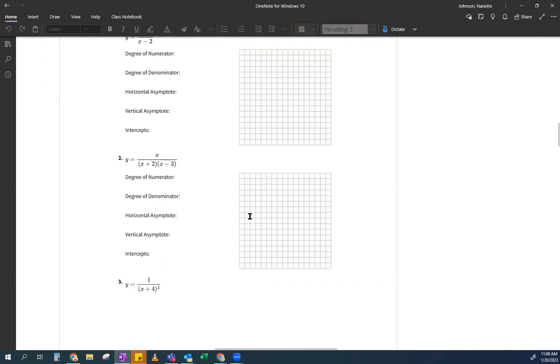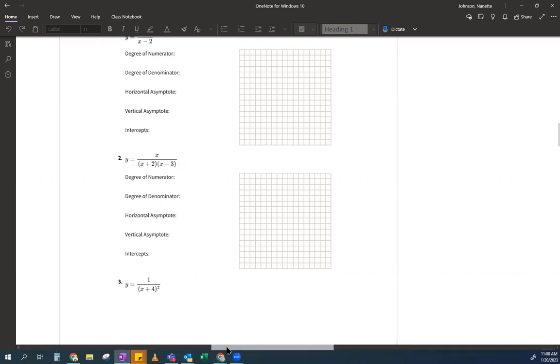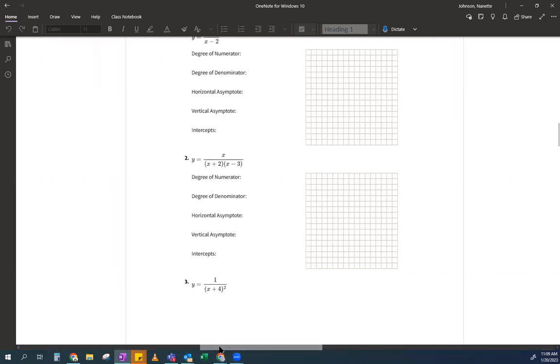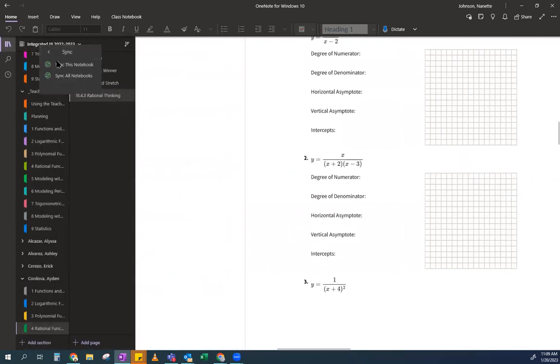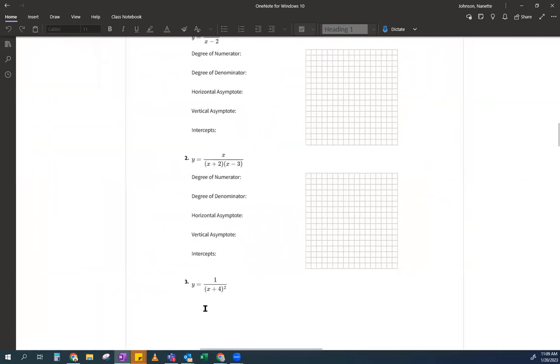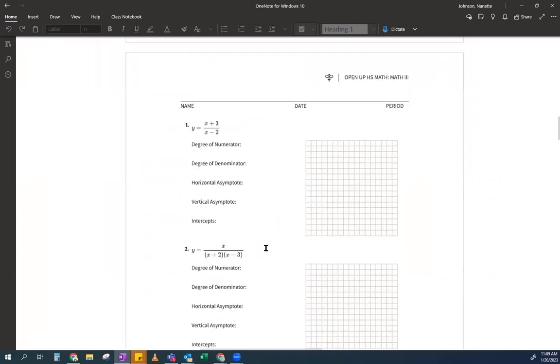Why are you setting your denominator equal to 0 when you just told me that when I divide by 0, it makes it undefined? Doesn't that feel weird? Why do you take your denominator and set it equal to 0 when you all just told me that dividing by 0 makes it undefined? Uh-oh, what just happened? Something just happened.